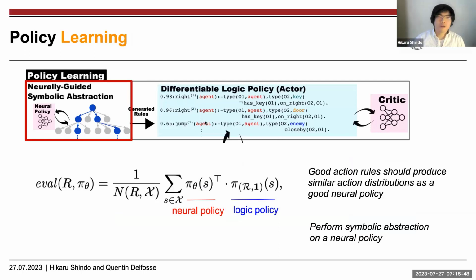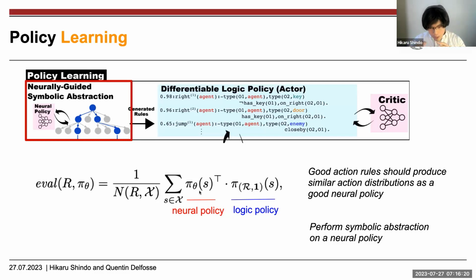We assume a pre-trained neural policy, which is just a neural network that works pretty well on the environment, and then we perform symbolic abstraction on top of that. I won't go into the very detail, but intuitively, we have a neural policy. S is a given observed state, and this function produces a distribution of actions, for example which action should be taken.